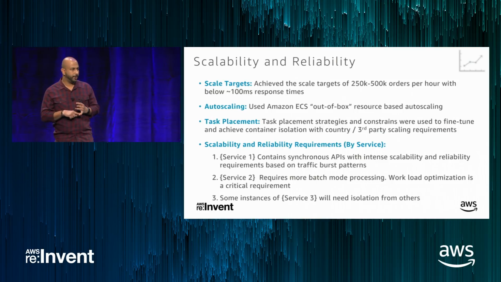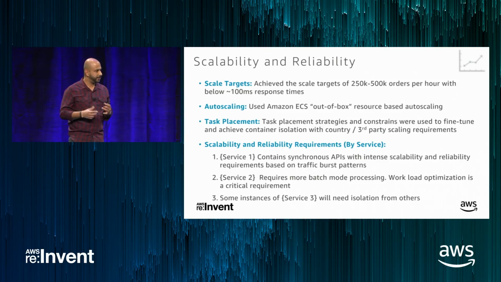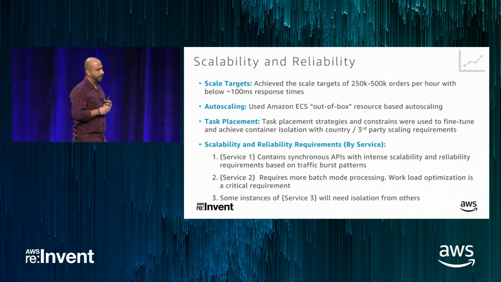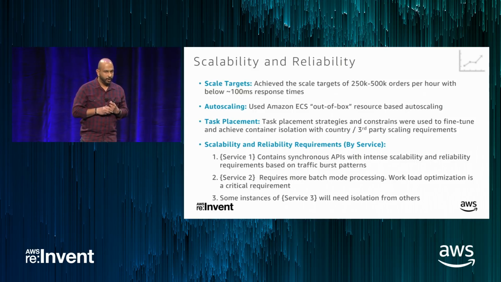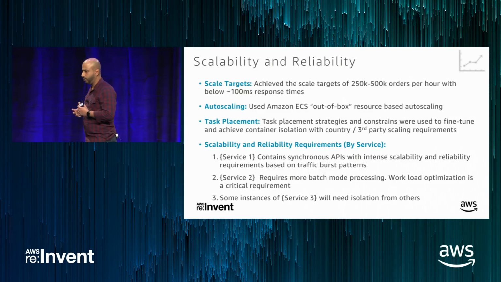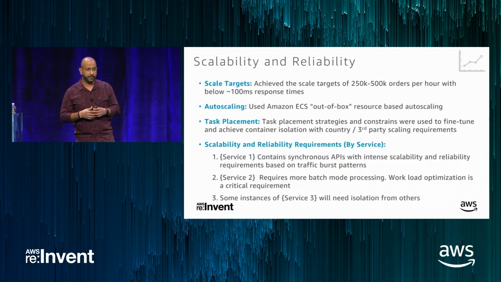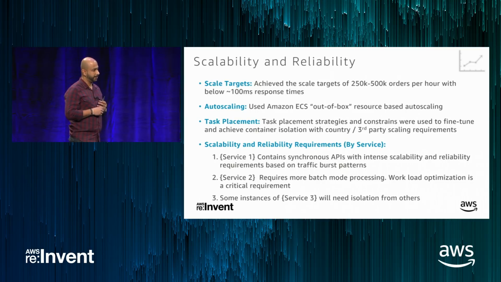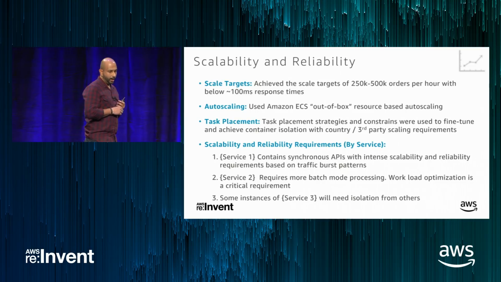Then we configured the EC2 auto-scaling policies as well as the container auto-scaling policies. It's very critical to get these values right, because otherwise you will have issues when you are scaling out as well as scaling in. So it's pretty important to get that right the first time.